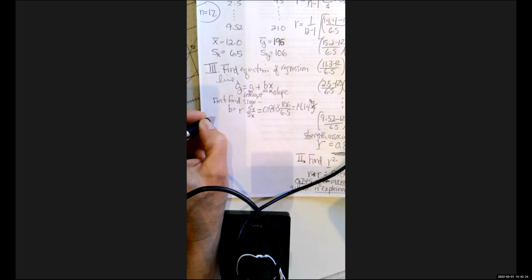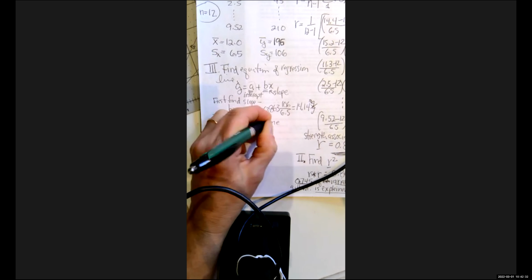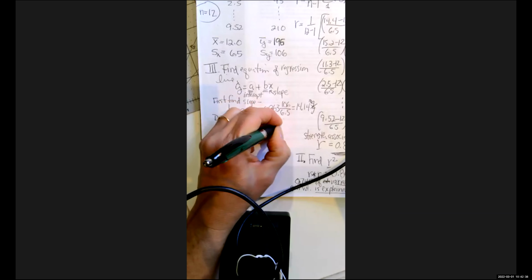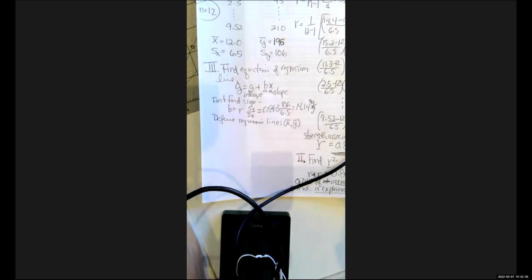Now we have to find our intercept. We're going to define our regression line so that one of the points of our line is x bar, y bar.